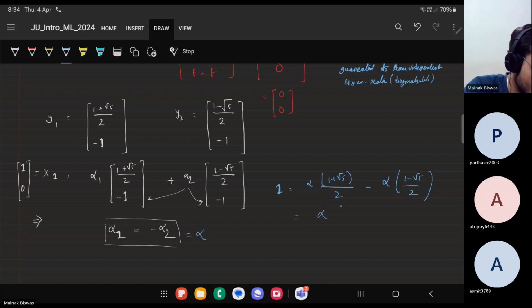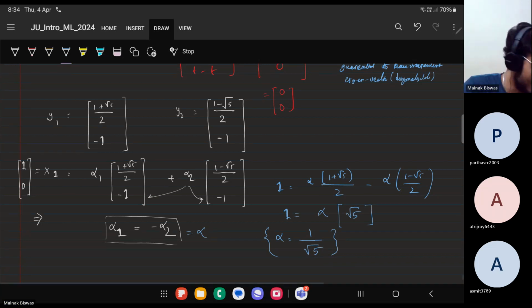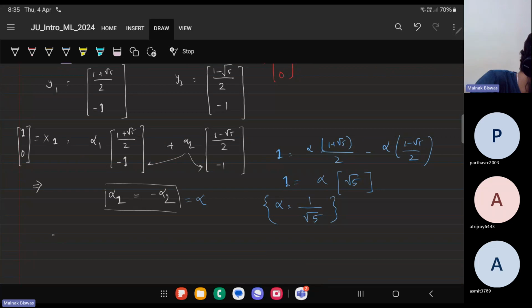Alpha into root 5. So alpha is equal to 1 by root 5. Correct? You agree? So now I directly know what the values are. I know that x1 is equal to 1 by root 5 times 1 plus root 5 by 2 minus 1, minus 1 by root 5.